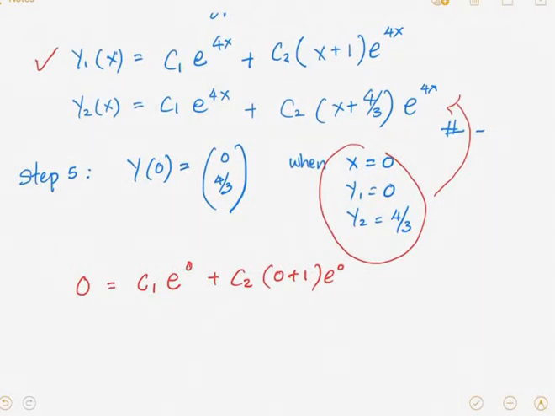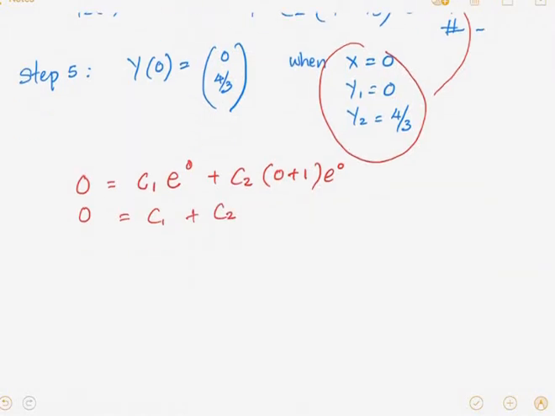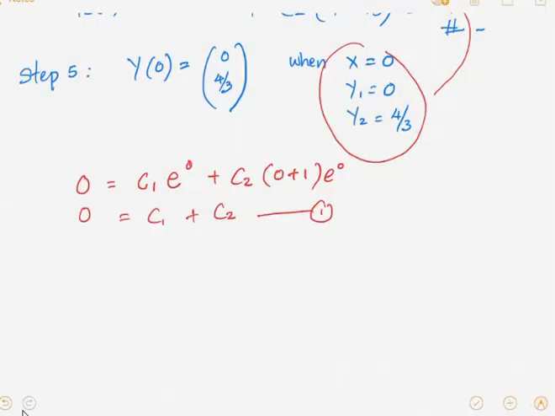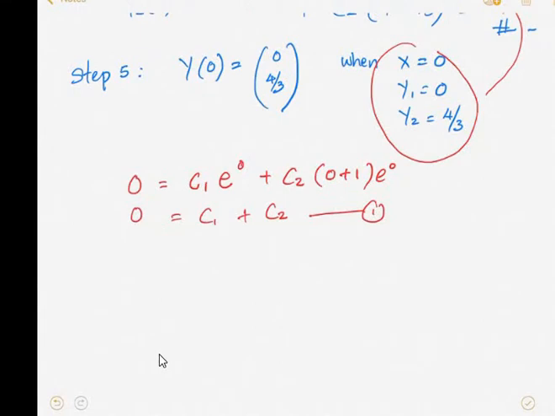So you have 0 equal to c1 plus c2. So this is the equation. So c1 equal to negative c2. This one is equation 1.